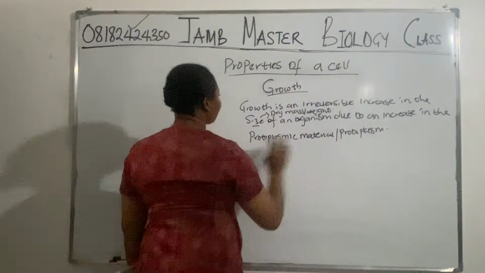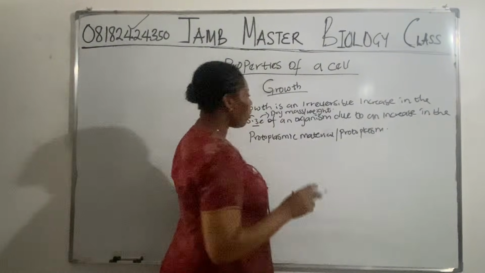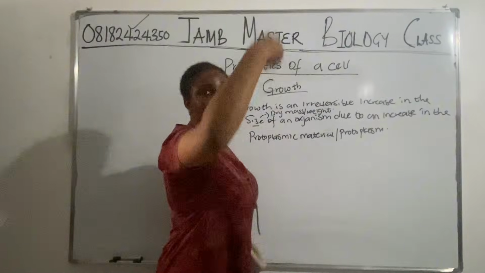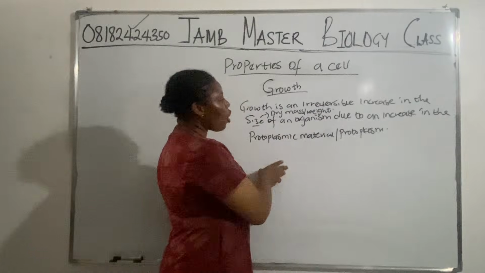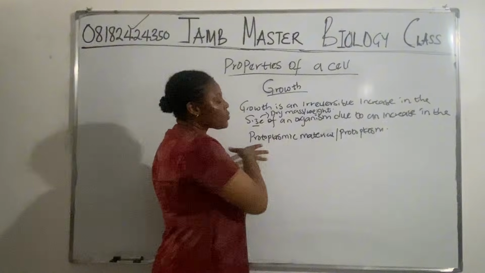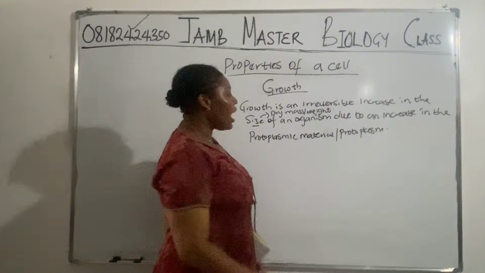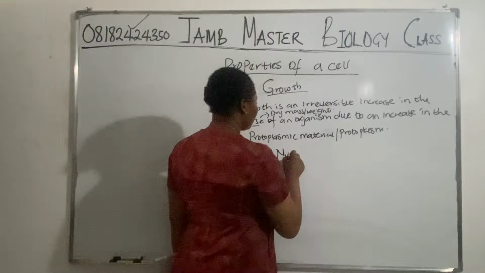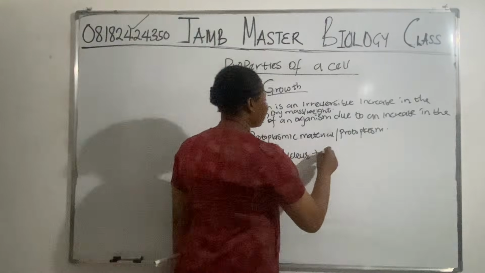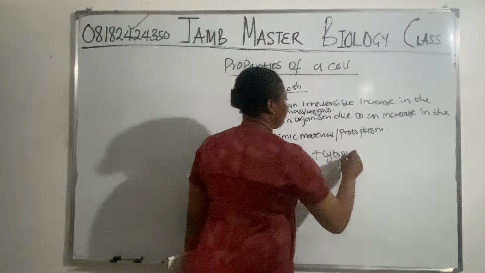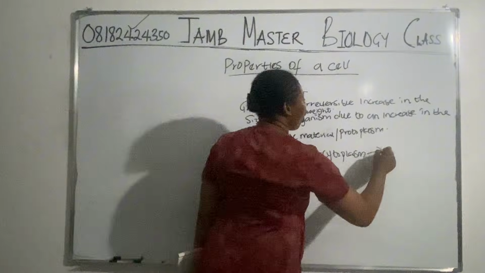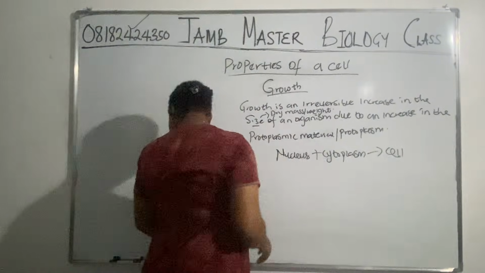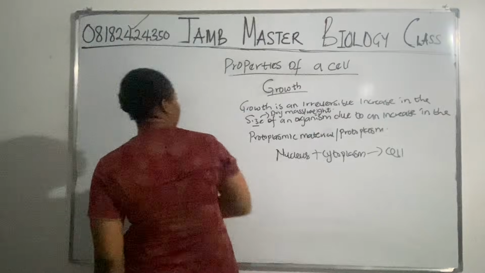So this is what growth is, right? So growth is an irreversible increase. Any increase that cannot be reversed is growth. And it occurs because the protoplasmic material has increased. And remember I said that the protoplasmic material is a combination of the nucleus and the cytoplasm, which are all components of the cell.